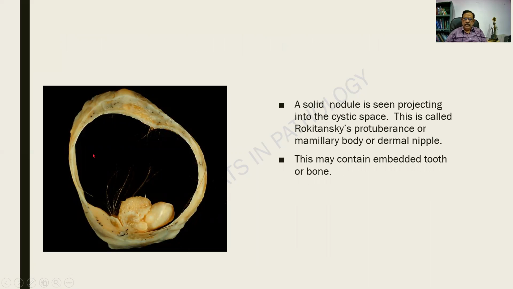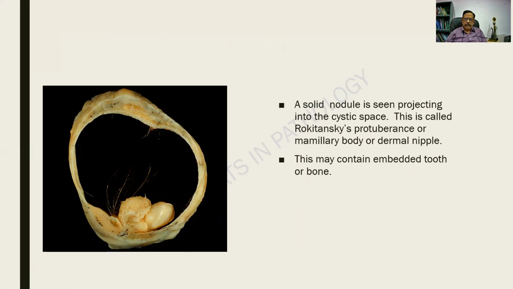Again, a cut surface of the benign cystic teratoma, I find a solid nodule that is projecting into the cystic space. This is called the Rokitansky's protuberance or mammillary body or dermal nipple.